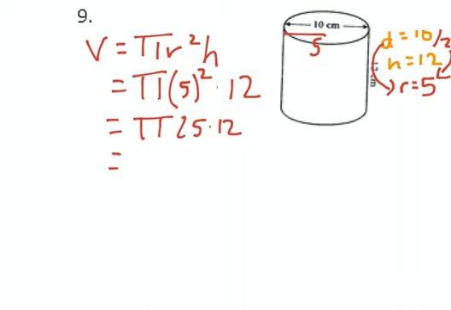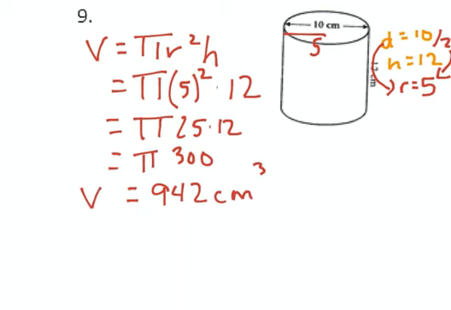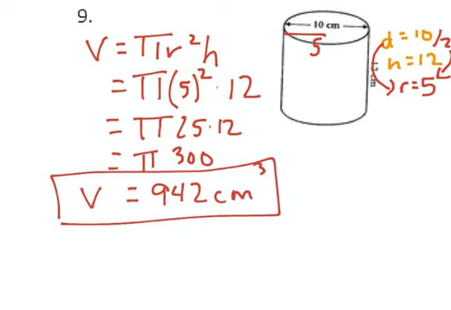You can type all of that in your calculator, but it's honestly a little safer not to, and to just keep going step by step. So 300, pi times 300. Now that's going to give me 942 centimeters cubed, and that's my volume. Okay, so my final answer would be 942 centimeters cubed. If you use the diameter instead of the radius, you would have a much higher number, and that would not be the accurate volume of that can or whatever the cylinder might be.